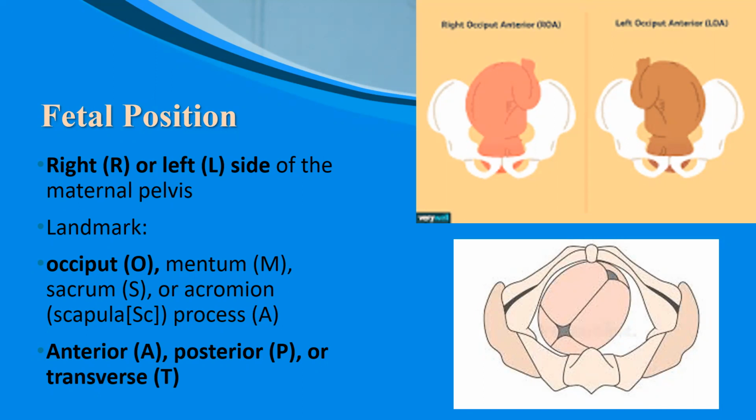In breech presentations, the sacrum is the designated landmark, and the acromion process on the scapula is the landmark for shoulder presentations. Fetal occiput is directed toward the back and the left of the birth passageway, and that's abbreviated LOP, left occiput posterior. Most common fetal position is the occiput anterior.